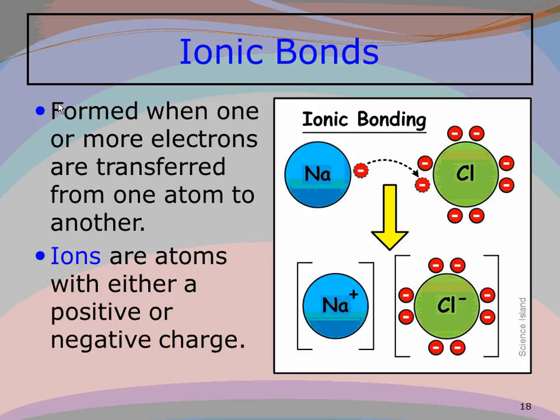So sodium, in its natural state, is completely balanced. It has the same number of protons as electrons. So it has the same number of positive charges as negative charges. Chlorine is the same way, except here's what happens. Sodium only has one valence electron. So it wants to get rid of that electron.